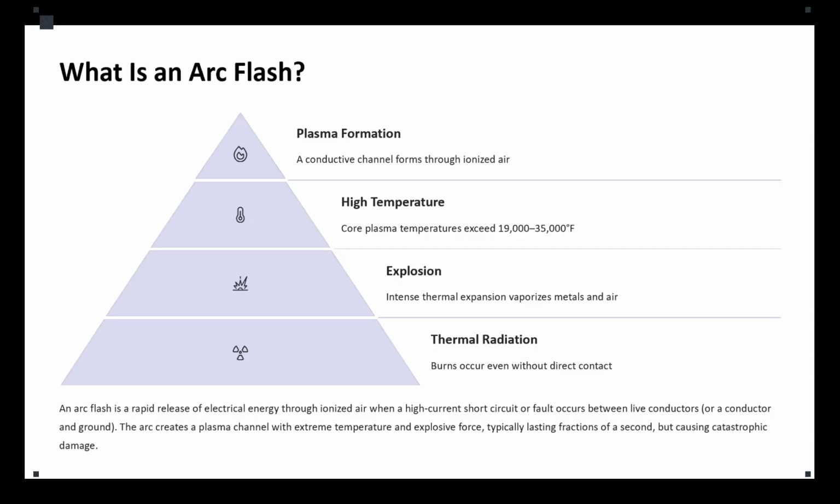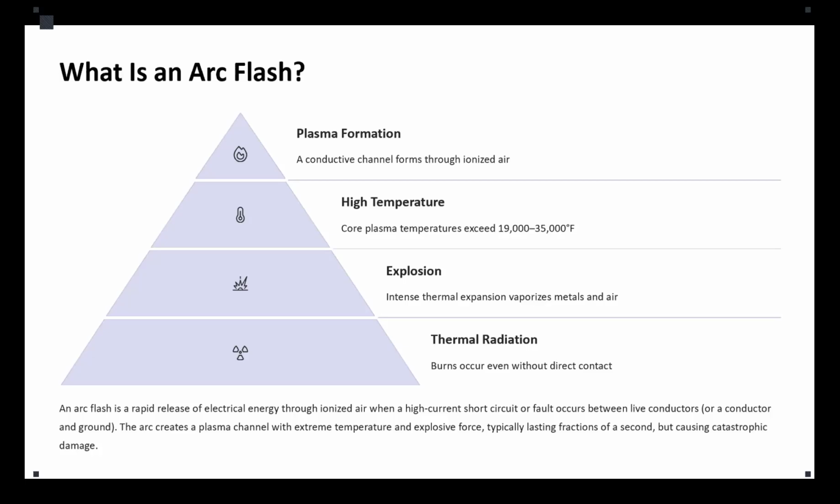Another aspect is explosion. When copper vaporizes, it expands by a factor of nearly 67,000 to 1. That is an extreme expansion. This sudden expansion acts like a bomb going off inside your equipment.